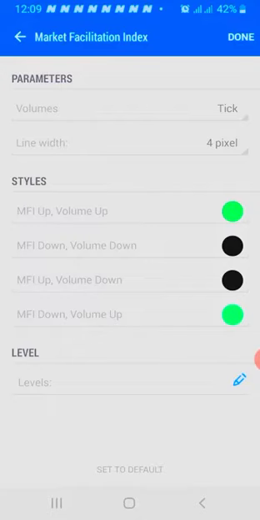For the volume, you use tick. Line width should be 4 pixel. MFI up, we use green. MFI down, use black. MFI up again, black. The MFI down, green. So this is how you should set yours as well. No levels, so you click done.